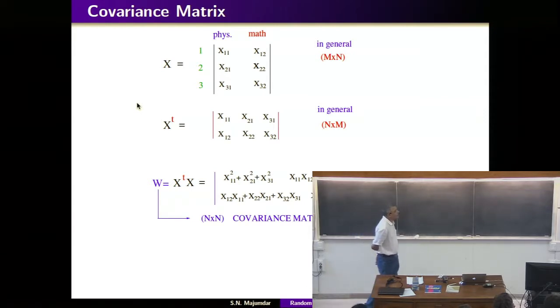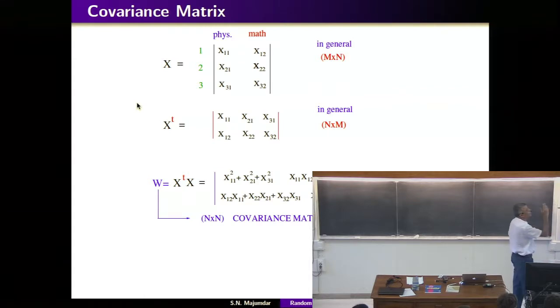And so how would you progress? He said, well, very obviously what you would do is take the transpose of this matrix. If it is a 3 by 2, the transpose will be 2 by 3, and then you just take the product x transpose x. If you do this simple exercise, you see that the diagonal elements are just the variance of the physics course.